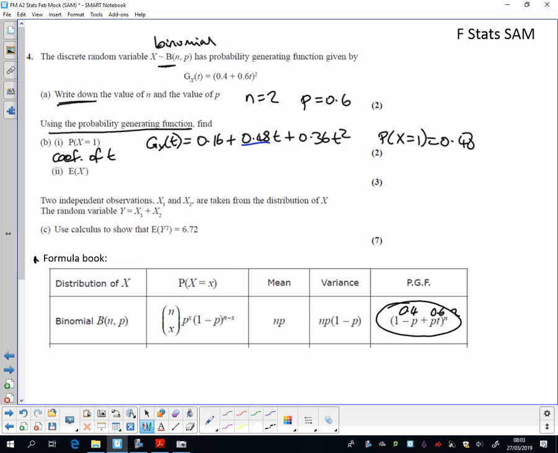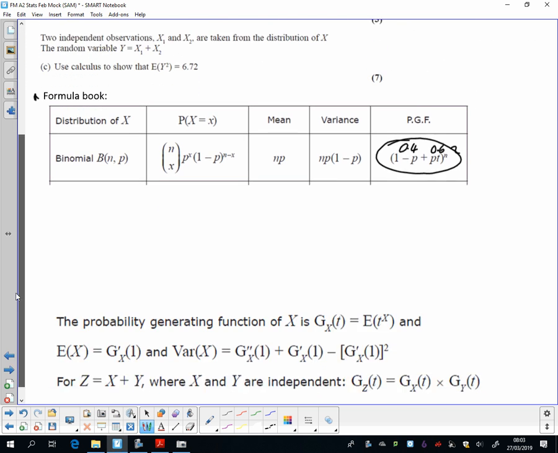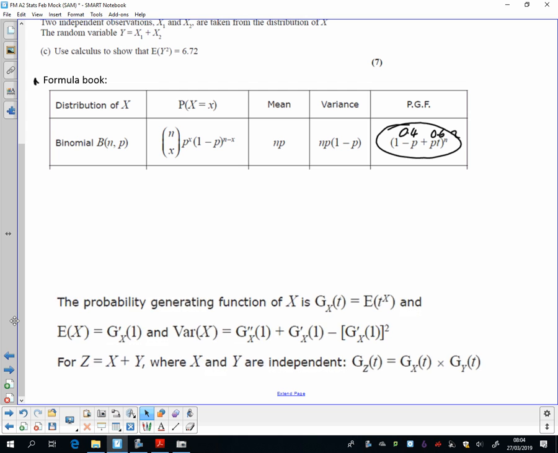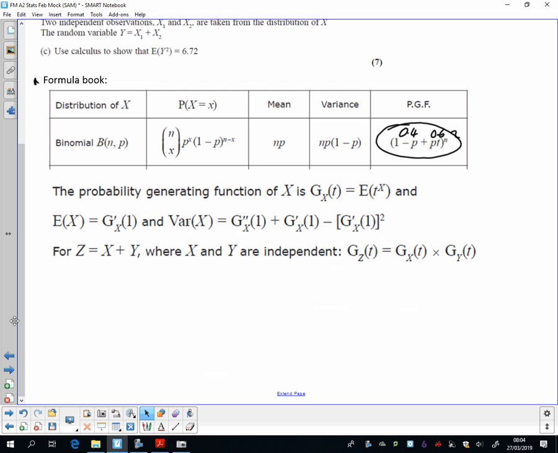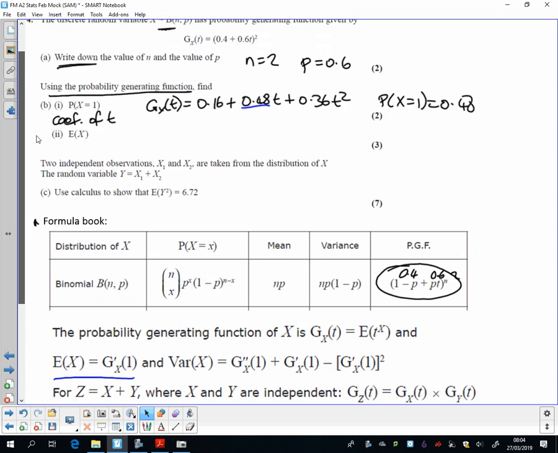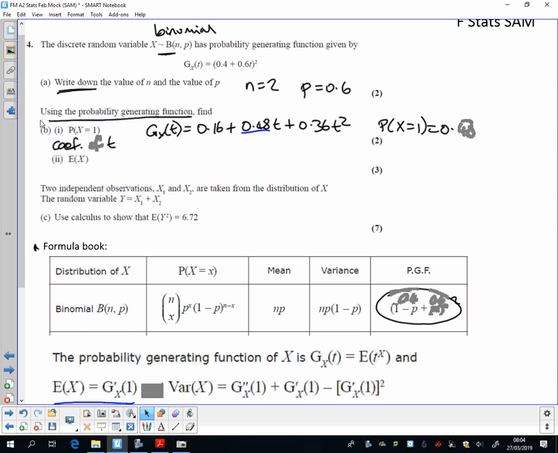It then wants the expected value. This is also in your formula book if you've forgotten it. I've got the formula book here, and it tells us the expected value of X is G dash of X at 1, so I want to differentiate my function and then substitute in 1.